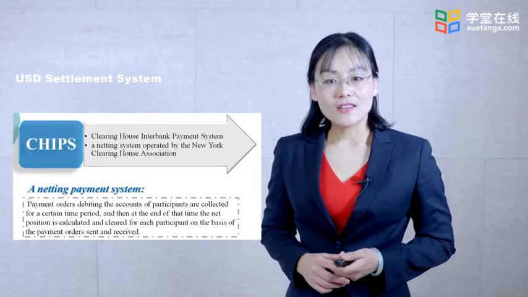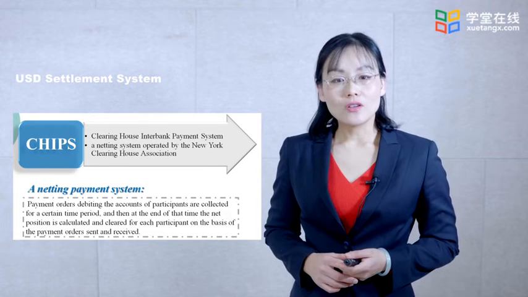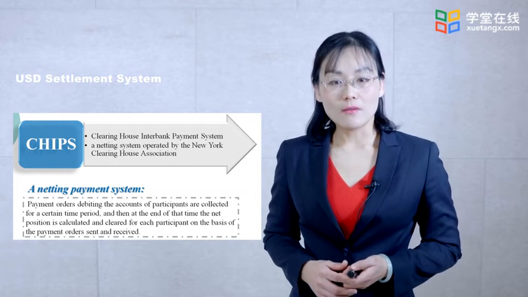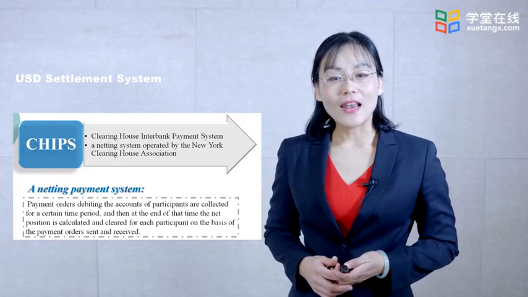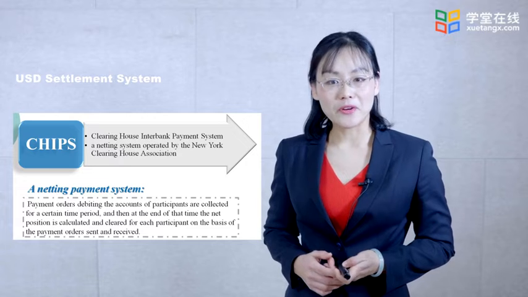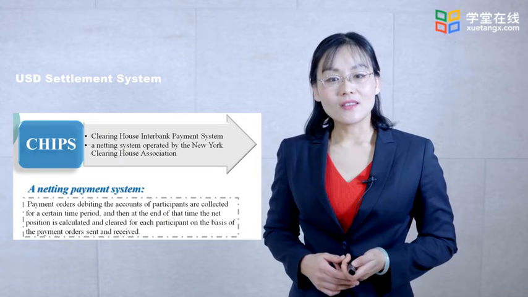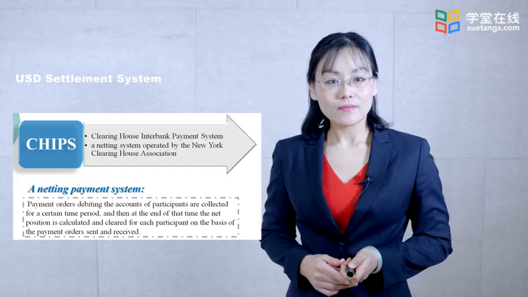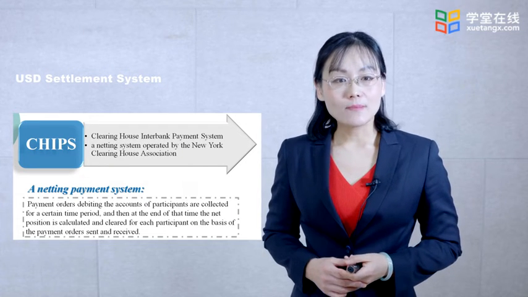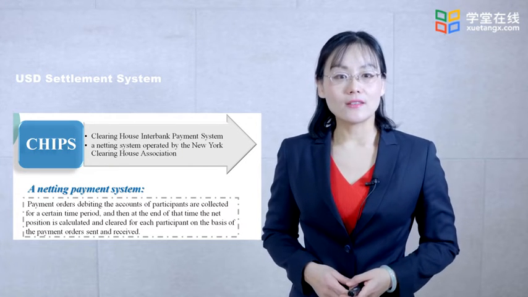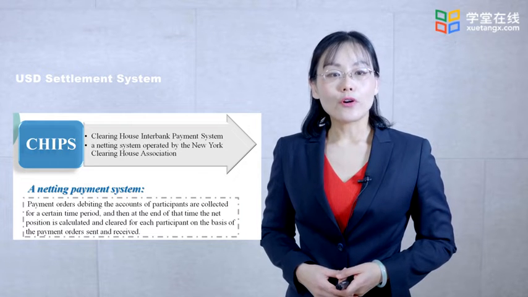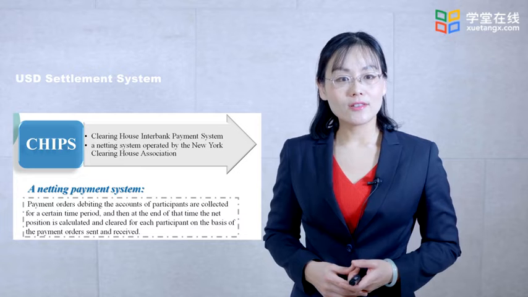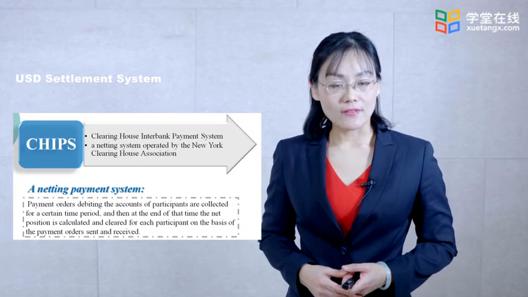CHIPS is a netting system in which payment orders debiting the accounts of participants are collected for a certain time period, and then at the end of the time, the net position is calculated and cleared for each participant on the basis of the payment orders sent and received.